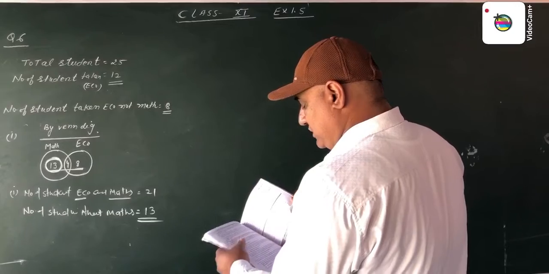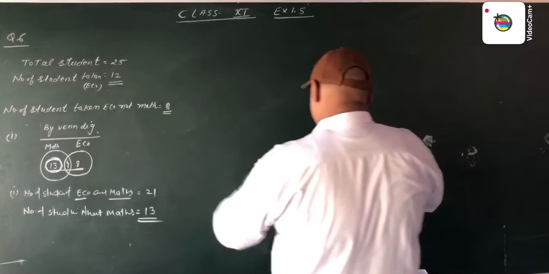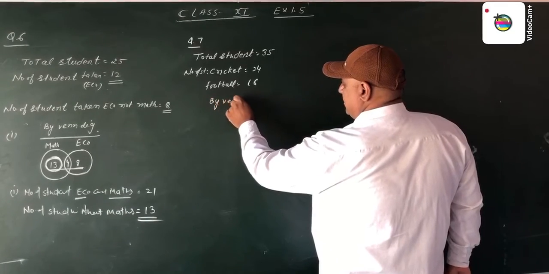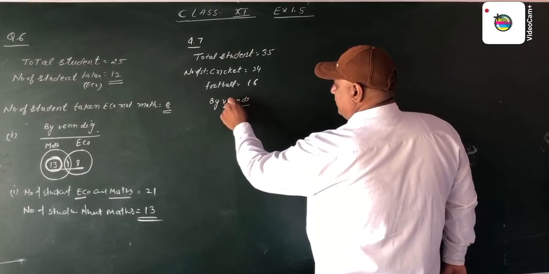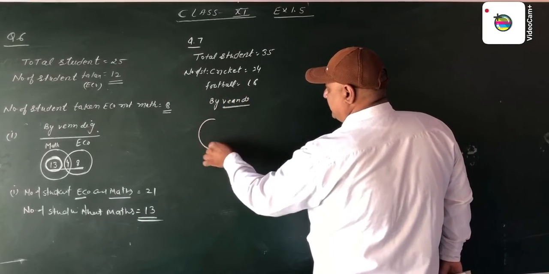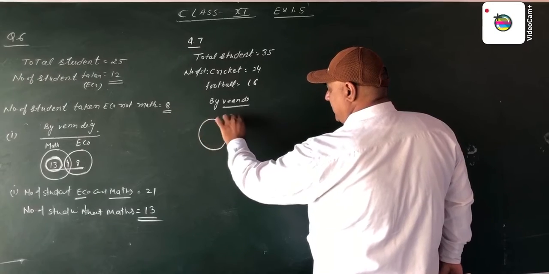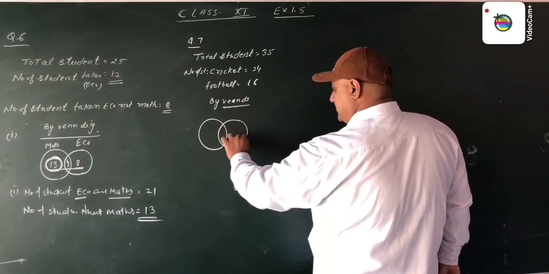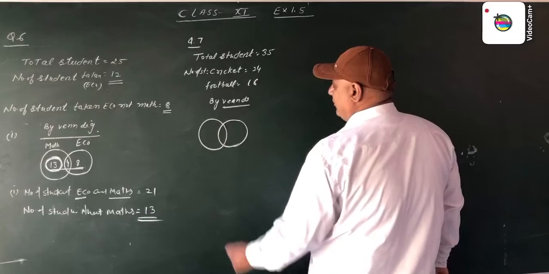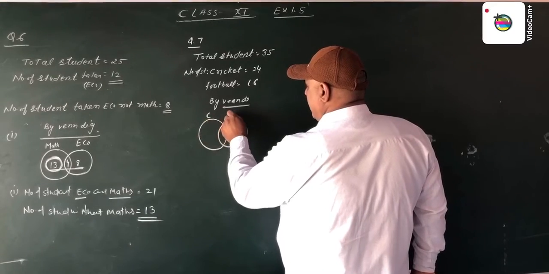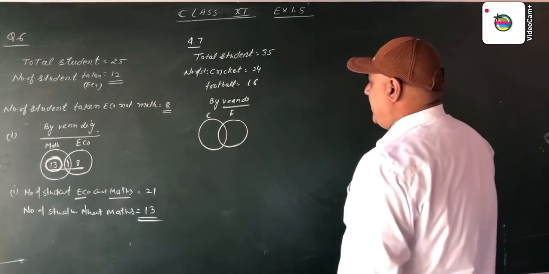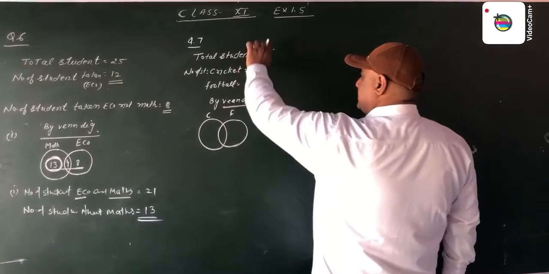Now in question number 7, it is an easy method of another Venn diagram. Here the total number of students is 35. This is the part of cricket and this is the part of football. Now it says there are 35 students.